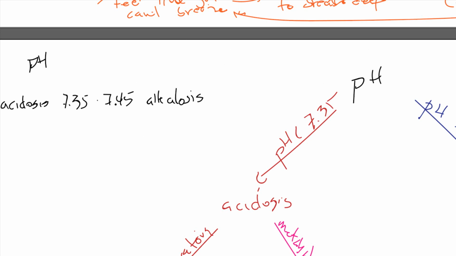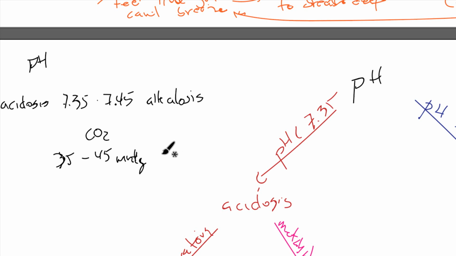We also care about CO2. So this was acidosis, alkalosis. This is going to be CO2. And the scale for CO2 is 35 to 45 millimeters of mercury. We measure gases in pressures.